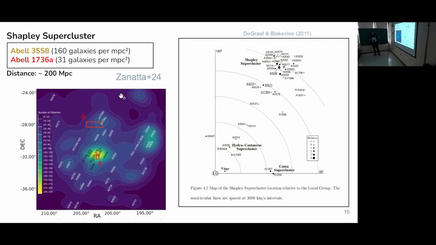Because it is a supercluster, it has galaxy clusters within it, and we looked mainly at the central cluster of Shapley, Abell 3558, which has an astounding 160 galaxies per square megaparsec. We also looked at the northern cluster of Shapley, Abell 1736, specifically its lower subcomponent, 1736A, which has a galaxy density of 31 galaxies per square megaparsec. So this was the follow-up from the Coma study.